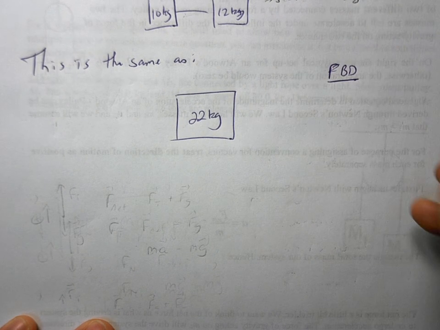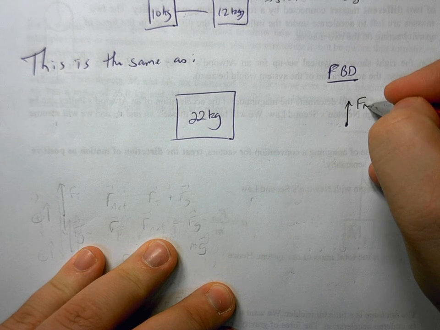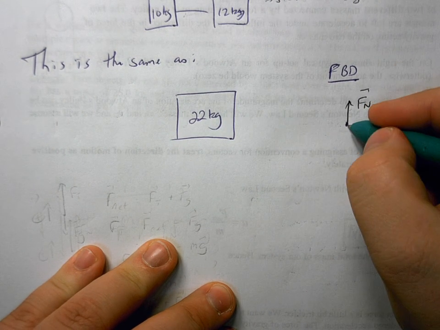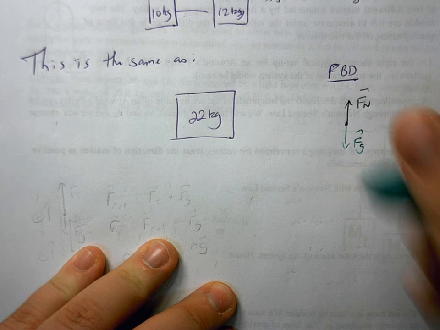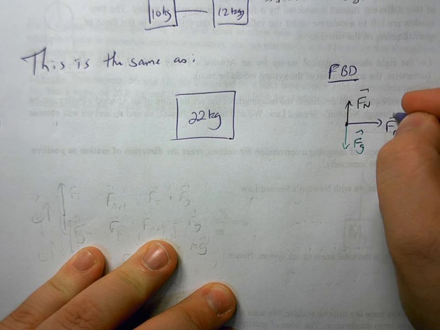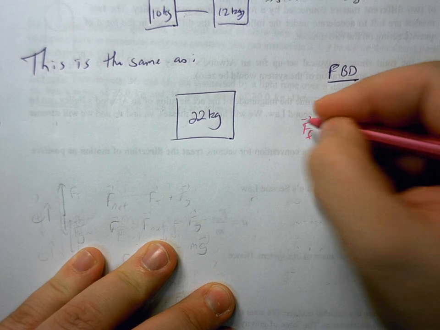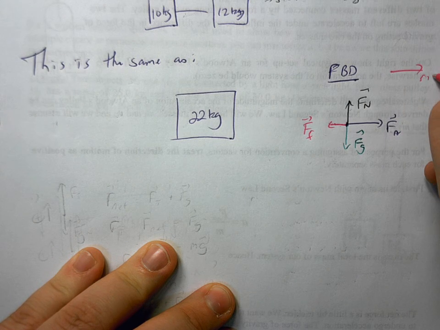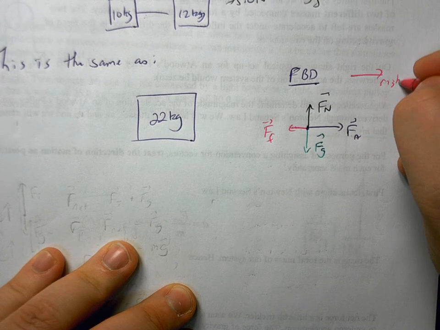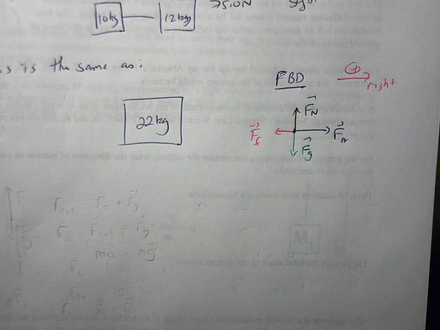We can draw our free body diagram for this. So this thing is certainly going to have a normal force going up. It's going to have a force of gravity acting down. Now we're told there's an applied force to the right, and we certainly have a force of friction that's going to oppose that, and I'm going to call right positive. Now for this, what we are interested in is the acceleration of the blocks.